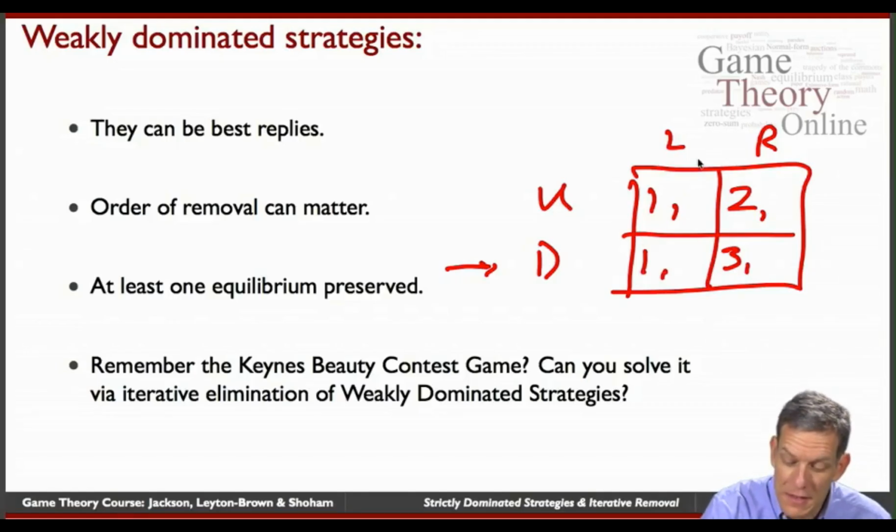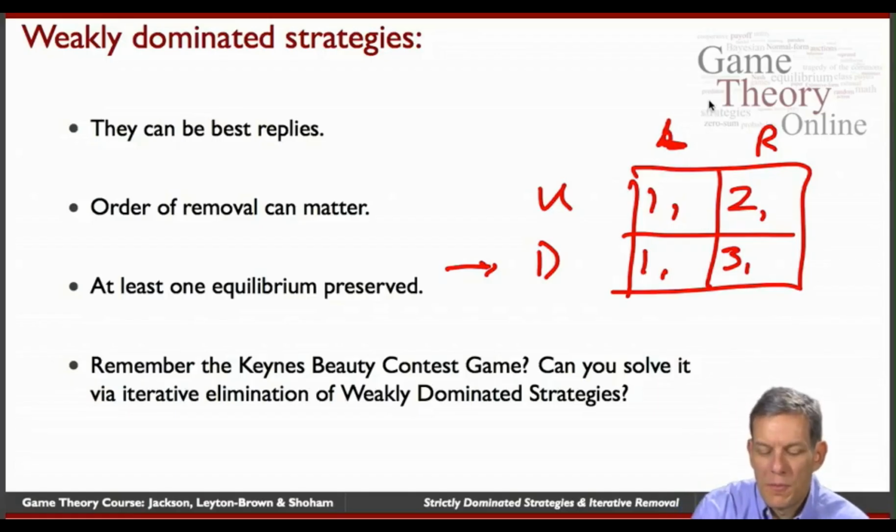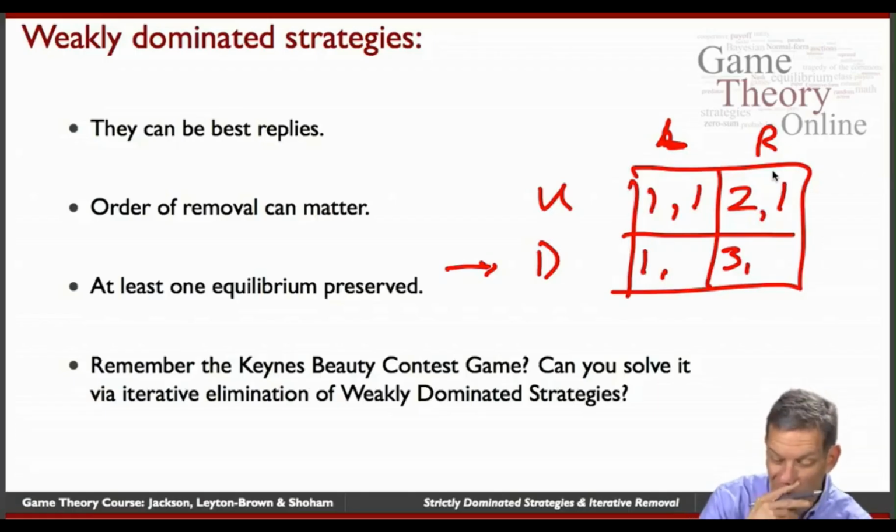But nonetheless, it could be, for instance, that if left is the strategy that's actually chosen by the column player, then up is still a best reply, right? So, for instance, if we put in payoffs here of 1, 1, so that the column player is exactly indifferent between these two strategies, then this is actually a Nash equilibrium.